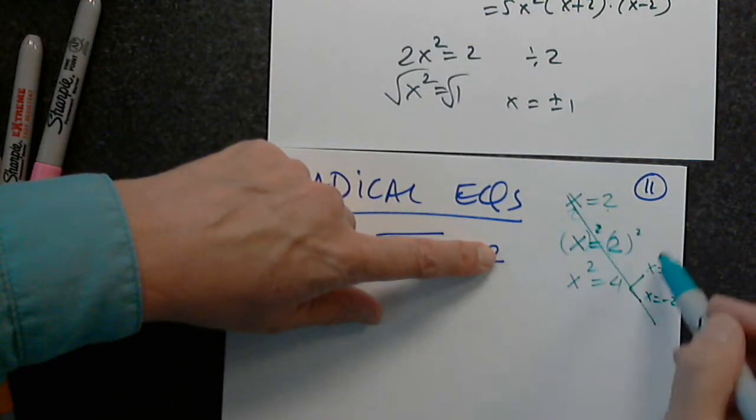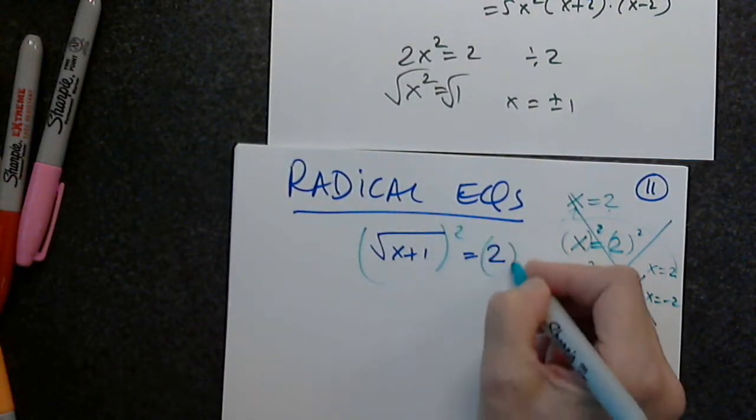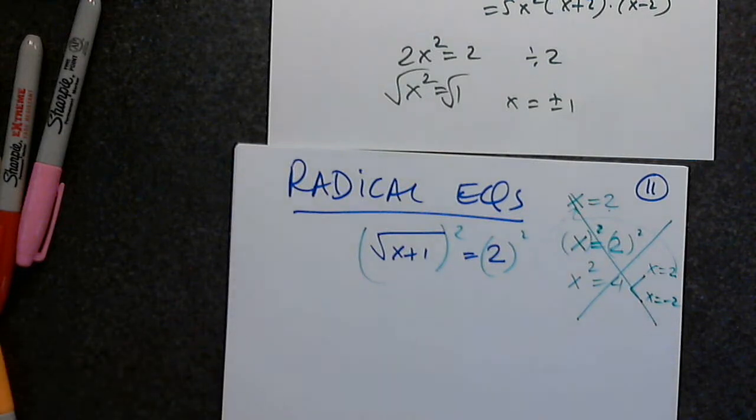So the point I'm making here is we will have to square both sides because that's the only way to undo the square root. Only if we square both sides. But this is not to be confused with, let's say I have a fraction 1/2 and I want to square the top and the bottom. You cannot do that.